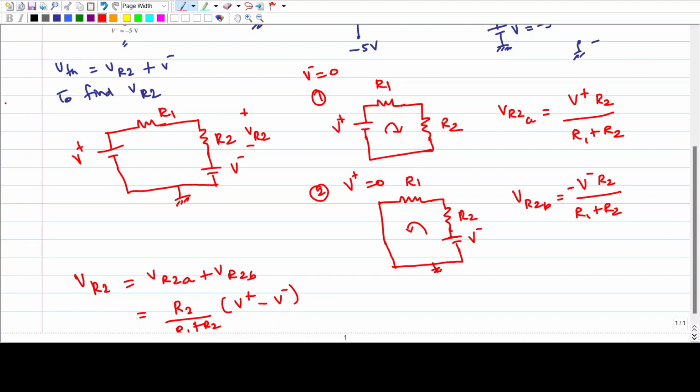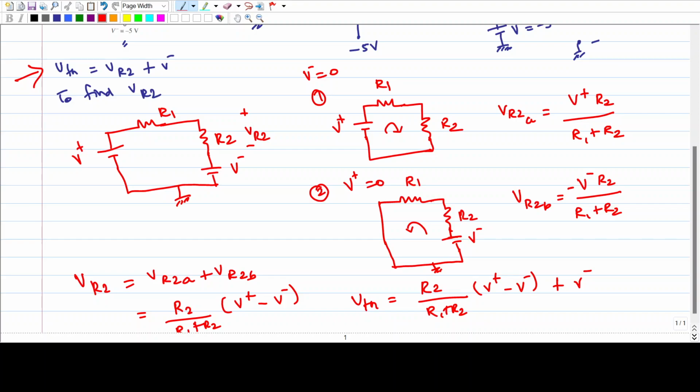So what is Thevenin's voltage? VTH is VR2, which is R2 divided by R1 plus R2 times V plus minus V minus, plus V minus. I have written this from this equation. Now we have got the equation for Thevenin's voltage.